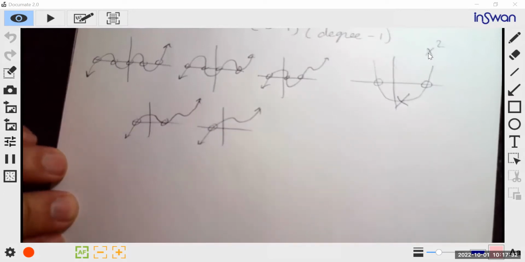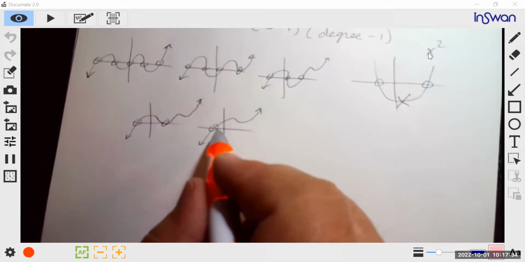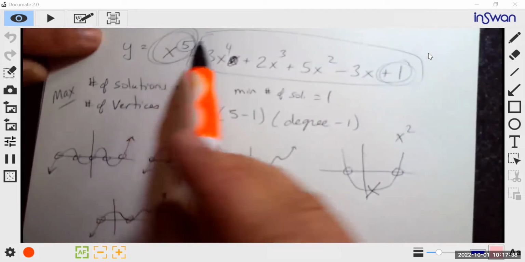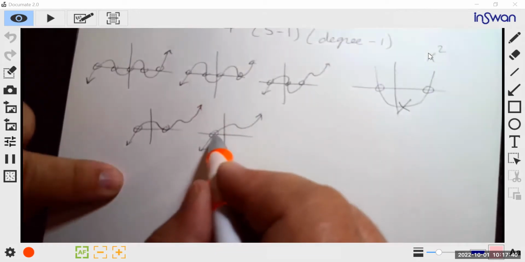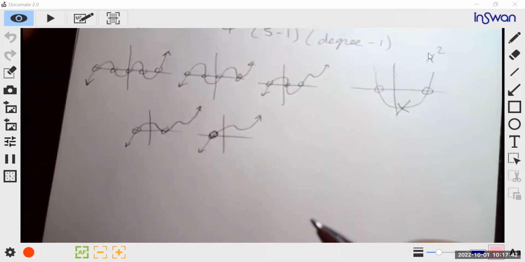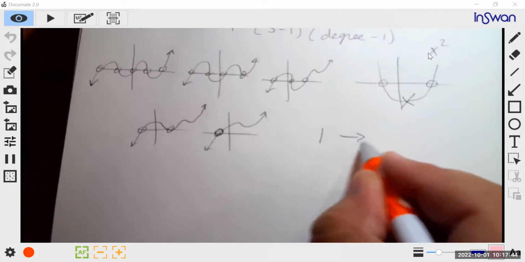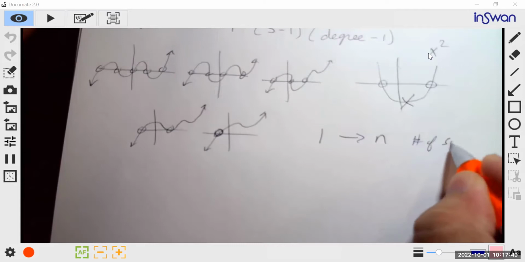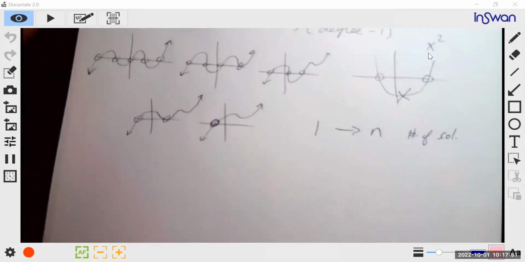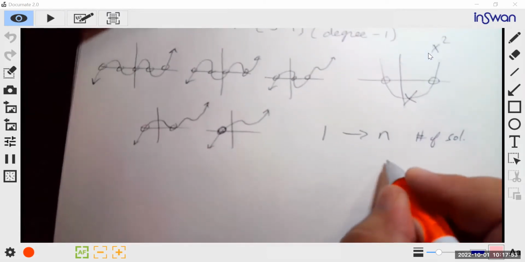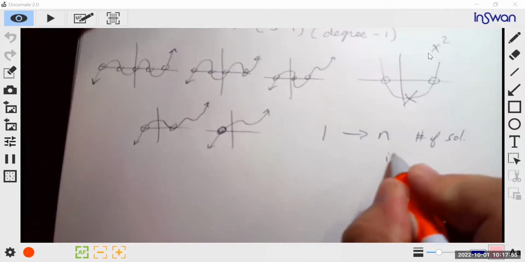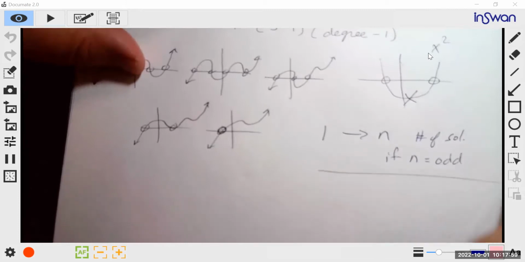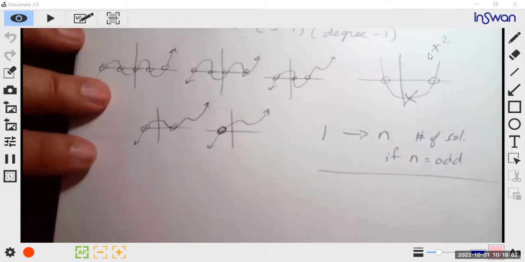So the smallest, it has to have at least 1. If the degree is odd, since they point different directions, you have to have at least 1. So from 1 to n number of solutions if n is odd. Remember, n is the degree.